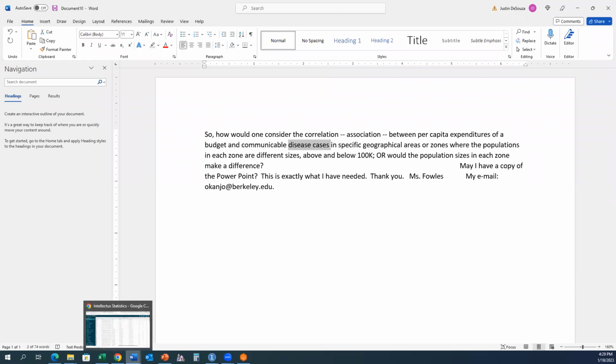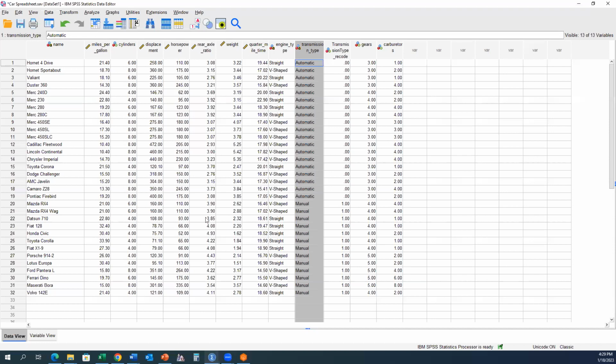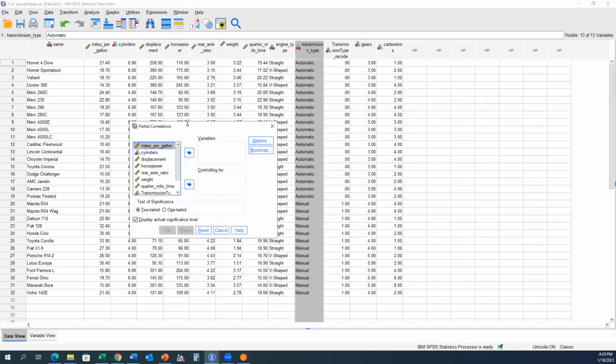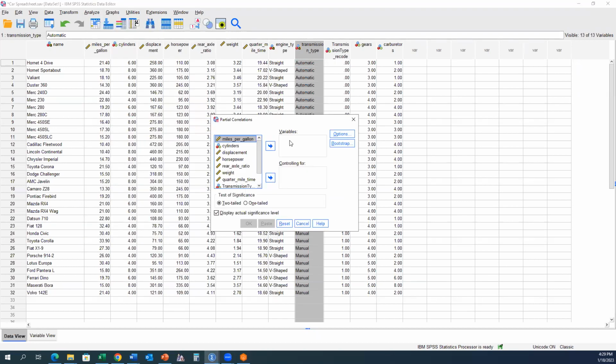But also a less used correlation is partial correlations. So partial correlations, you can have three or more variables. So you have two variables of interest, and then you have an additional factor that you can control for. So that could be an option for you as well.